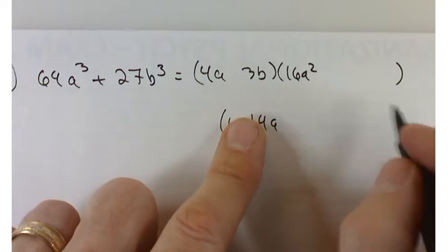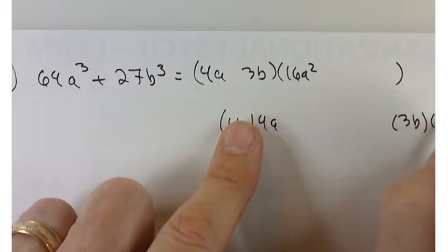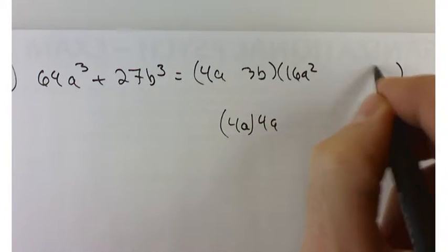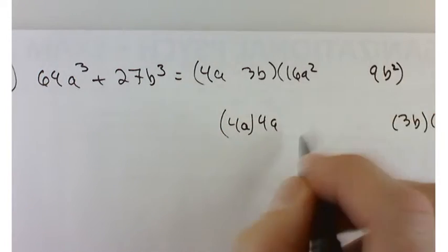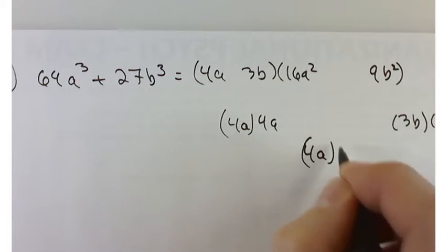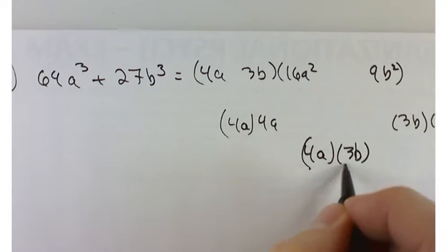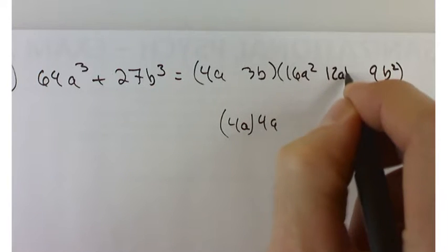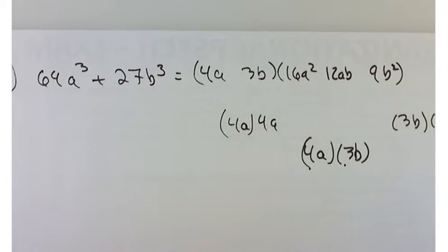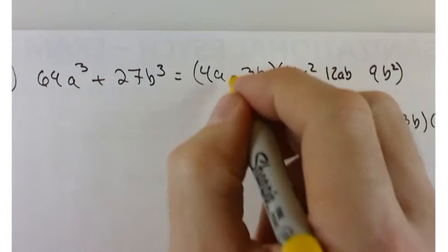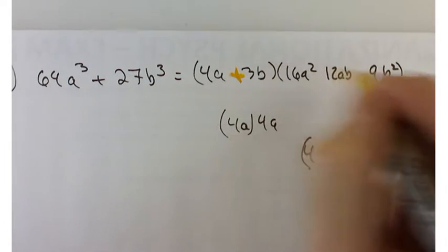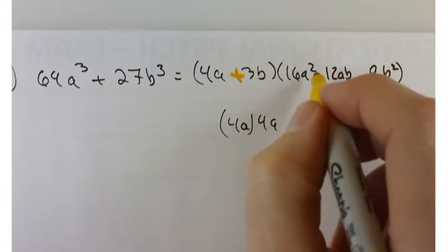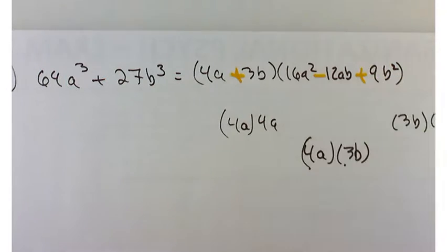And then 3b times 3b gives me 9b squared. And finally, 4a times 3b, 4 times 3 is 12ab. Plus, same sign, opposite sign, always positive. Yay.